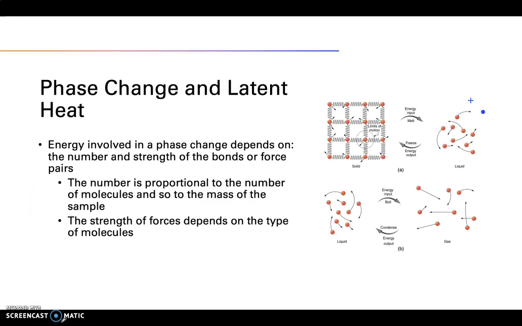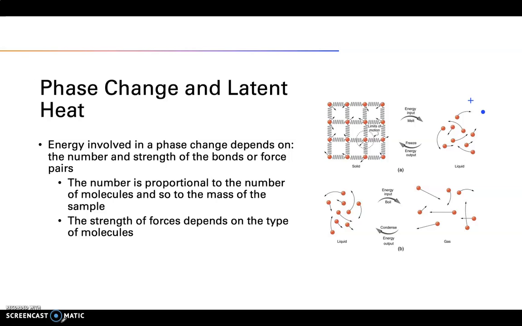Okay, so let's go ahead and move on to phase change and latent heat. When we're looking at phase changes, we talked a little bit about it before the break. We're looking at the change of the atoms moving and how much they move when they're going through these phase changes.